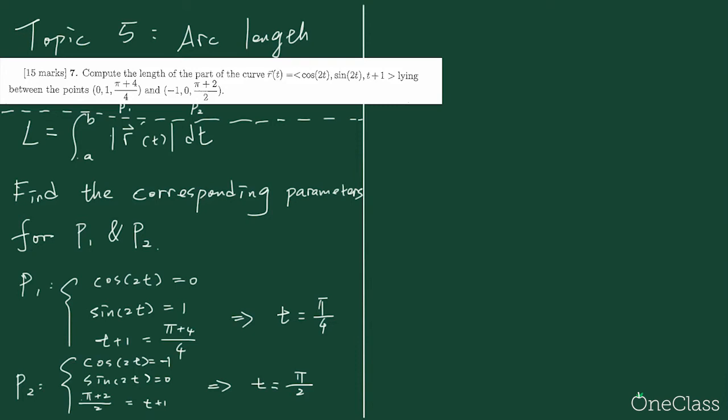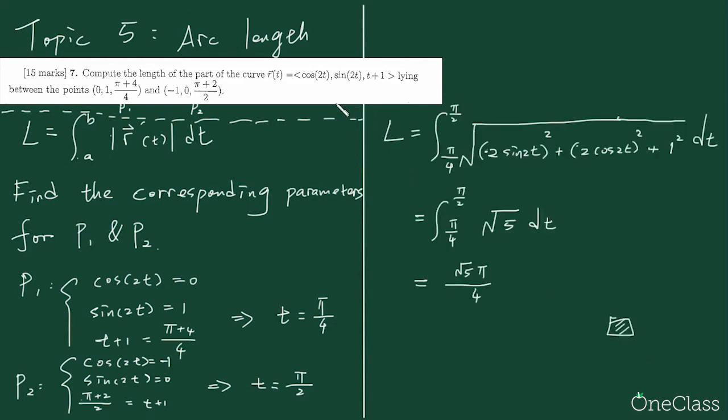The only thing left now is to calculate the length L. After finding the derivative of r with respect to t, we square each component and take the square root to get the norm of the derivative of r with respect to t.